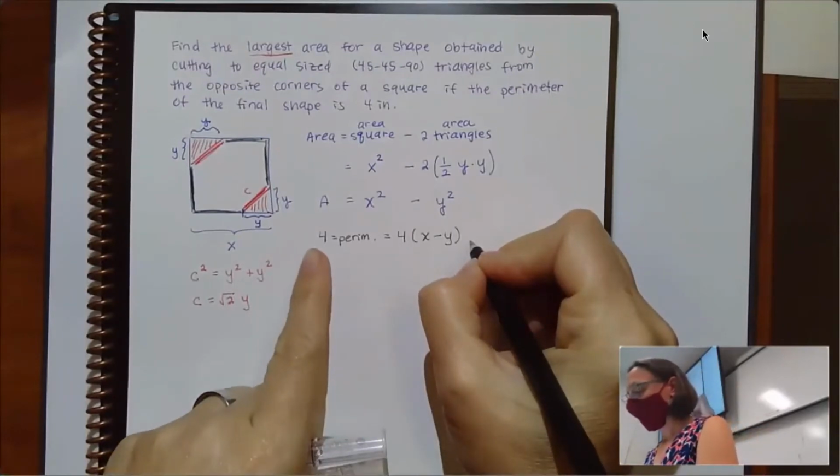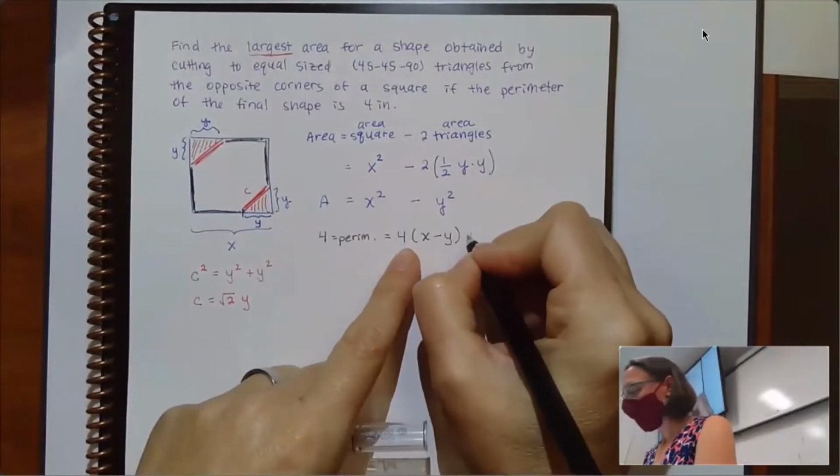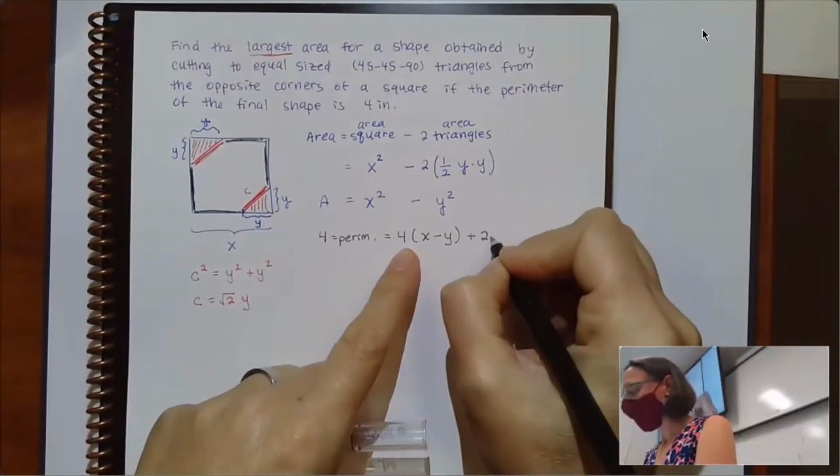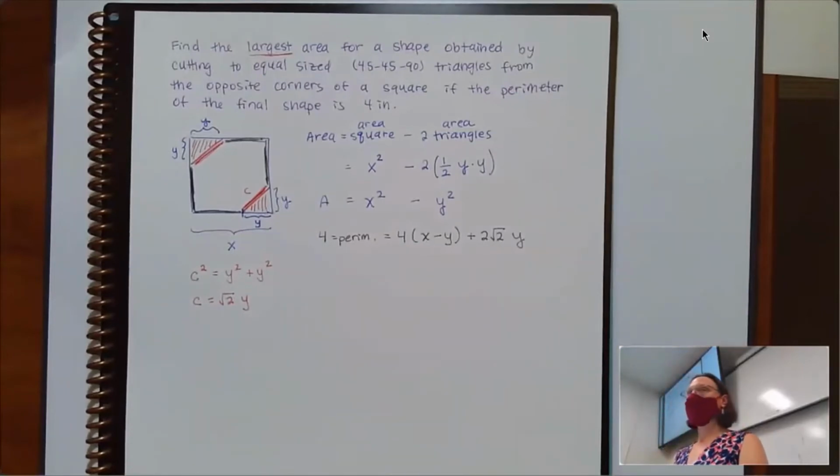So my perimeter would be 4 of these plus 2 of my square root of 2 times y. Also, if anyone thinks I've made a mistake, please stop me before we keep going because it already looks gross, but I think it's gross.